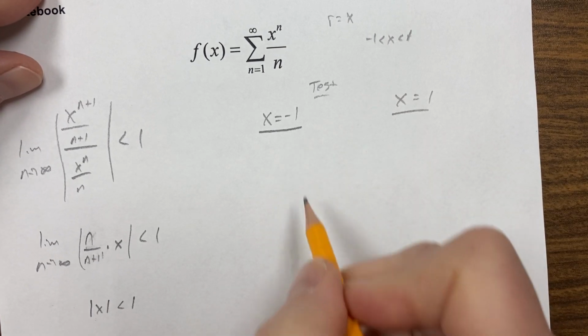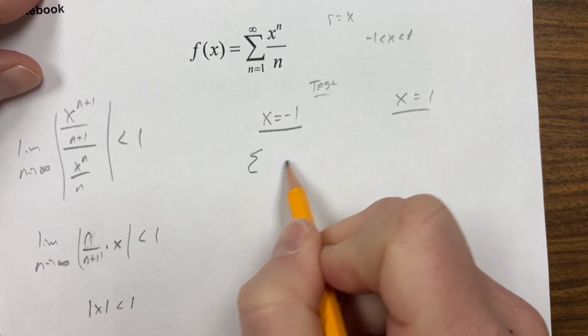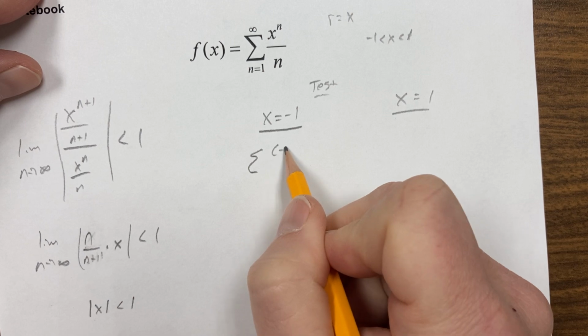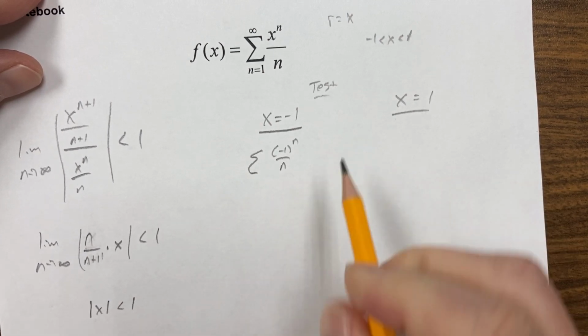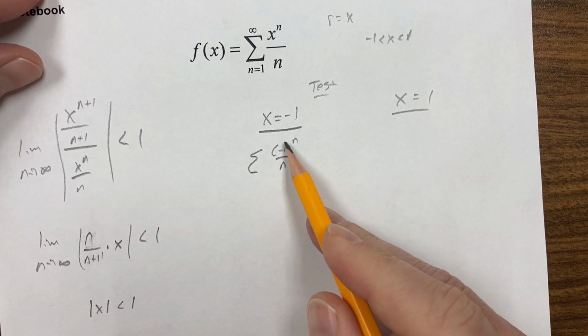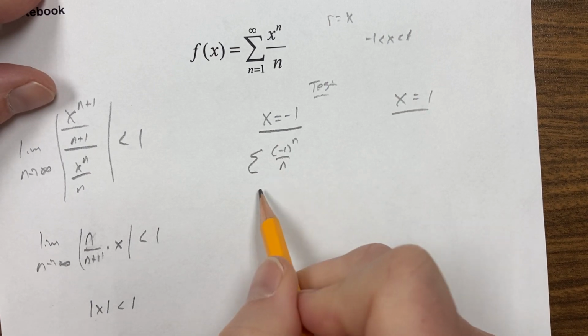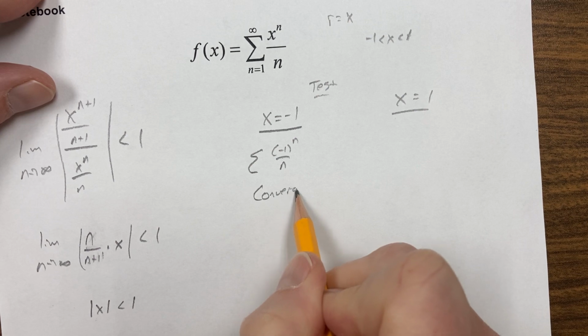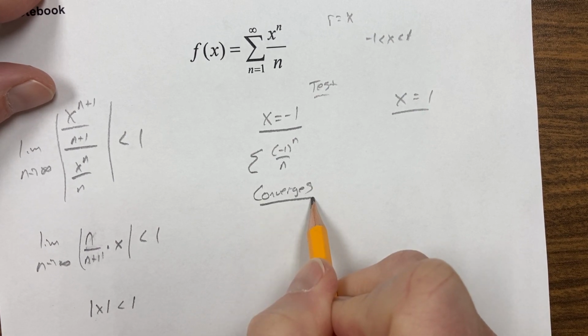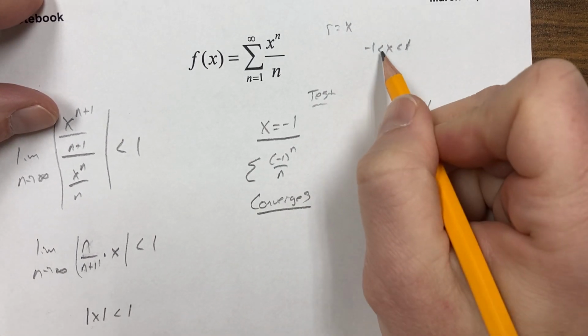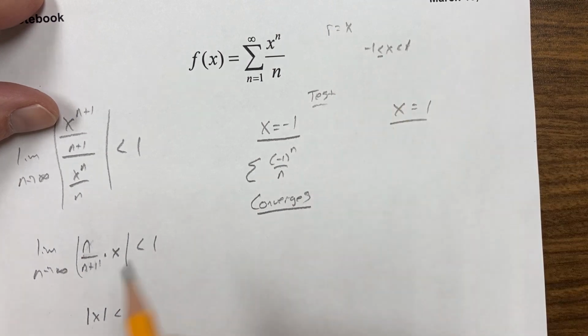So let's start with -1. If we put -1 in for x, we're going to get -1 to the n over n. Okay, now that is an alternating series on a sequence that goes to 0. This converges. And so what that means is that -1 technically works.